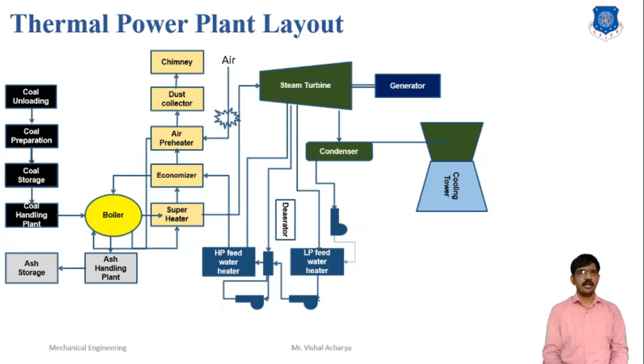Here the hot water from the condenser passes through the cooling tower. In the cooling tower it is converted into cold water and again supplied to the condenser. So there is continuous supply of hot water from the condenser and cold water from the cooling tower, and this is the cold water circuit.